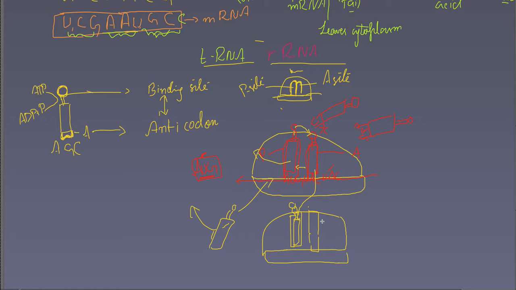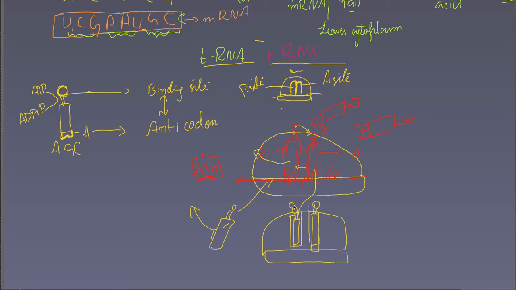Now you can imagine, this mRNA strand is just leaving, going through this space right here. There is another codon which needs to be translated, and another tRNA molecule with the opposite of this comes along and joins here, with its amino acid attached to it.